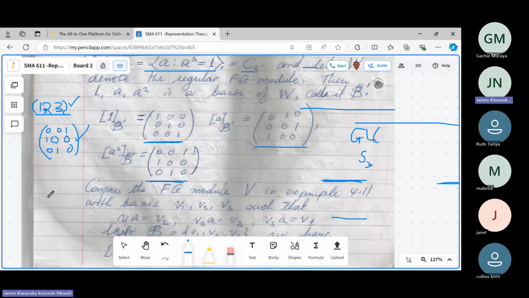You can try the others. For instance, if you consider the other element (1 2), it leaves the third row fixed and switches the first and the second. So the third row does not move. The first and the second will switch. The first goes to where the second was, the second goes to where the first was.